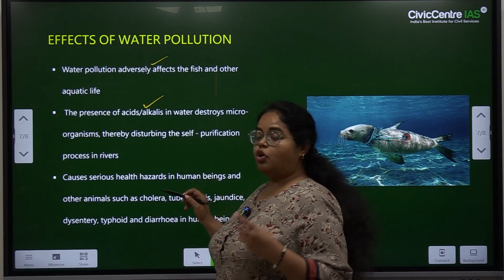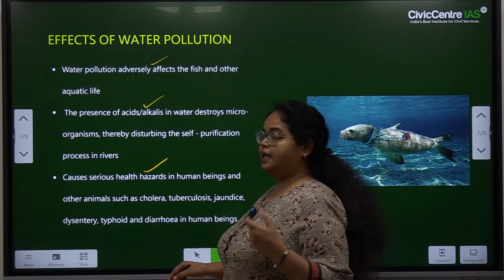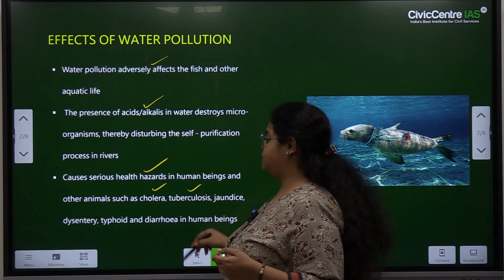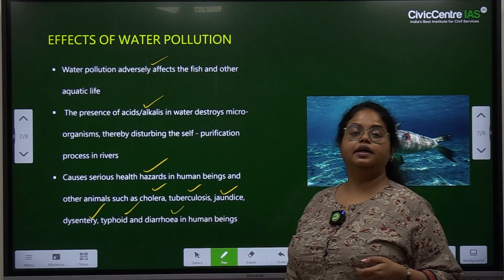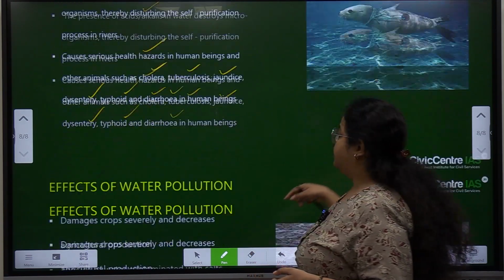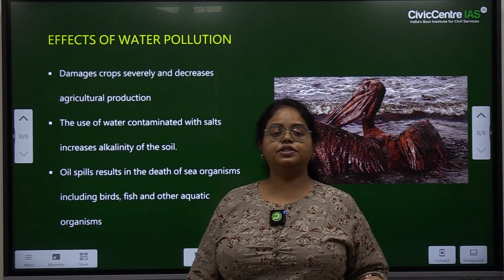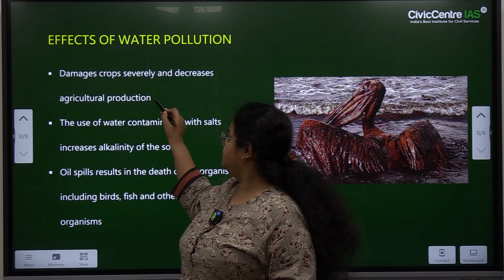Water pollution also causes severe health hazards like cholera, tuberculosis, jaundice, dysentery, typhoid and diarrhea in human beings. There are more effects, like a decrease in agricultural production.